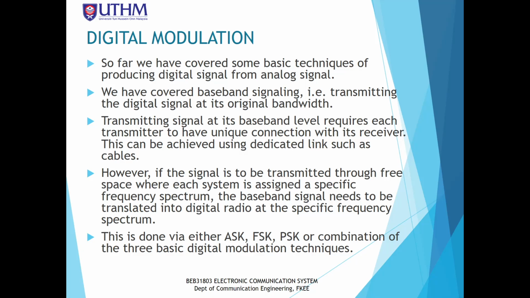Okay, so now you see that in digital modulation we have the digital data: logic 1, logic 0, logic 1, logic 0, logic 1, logic 0, and we want to modulate with an analog carrier so that we can transmit the signal wirelessly through the channel.